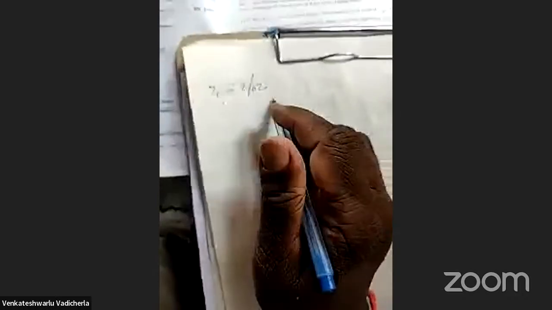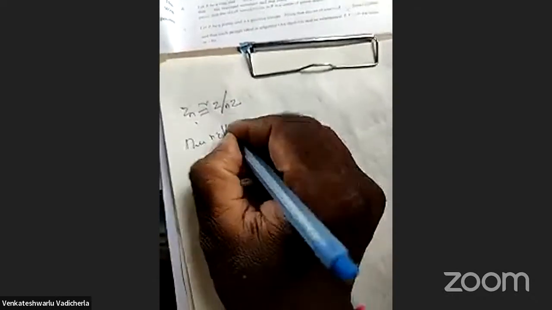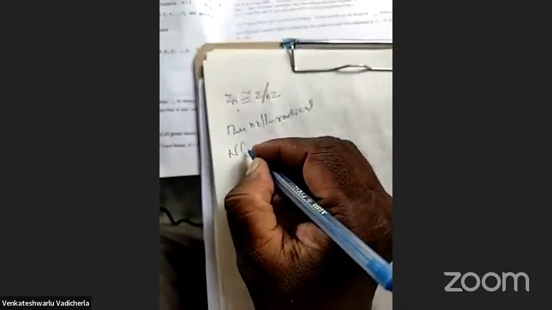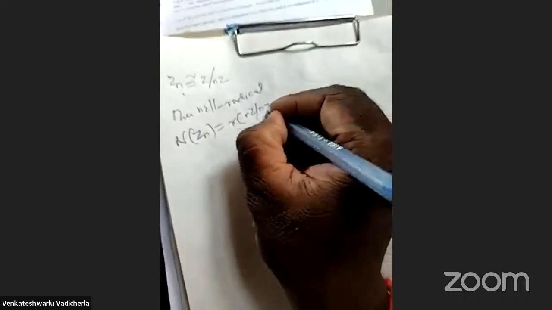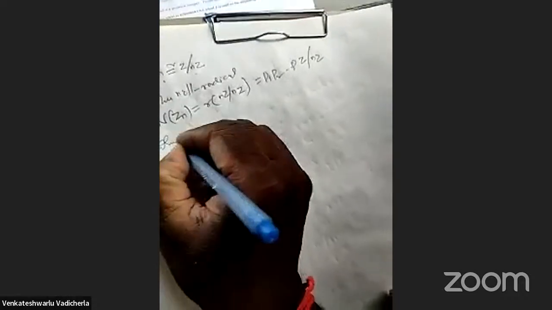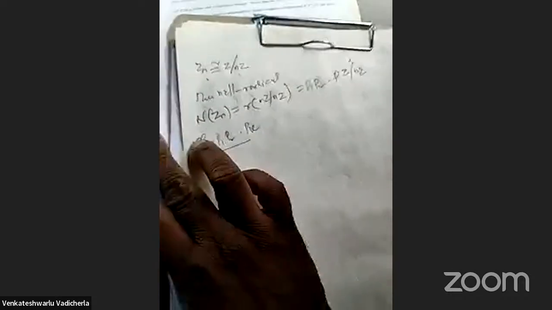This theorem is already known: Z_n is isomorphic to Z over nZ. So the nilradical of Z_n is given by the nilradical of Z over nZ, where nZ is equal to p1 p2 up to pk Z over nZ, where p1, p2, up to pk are all the distinct primes dividing n.